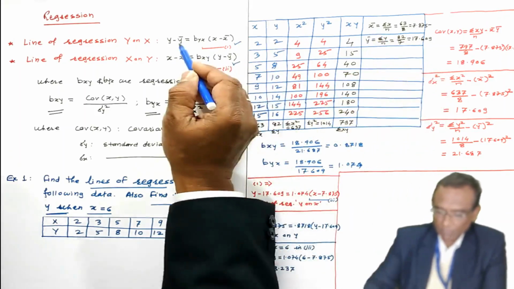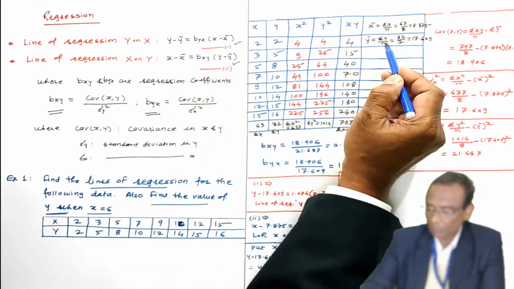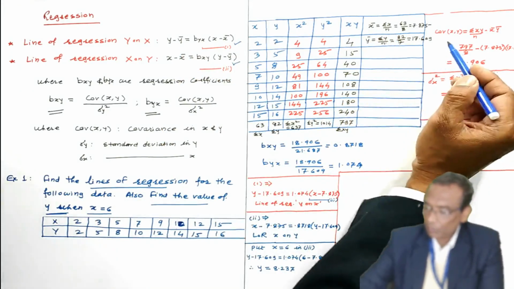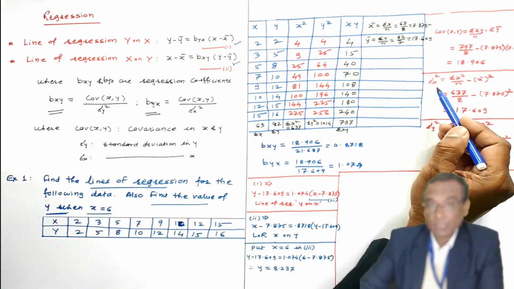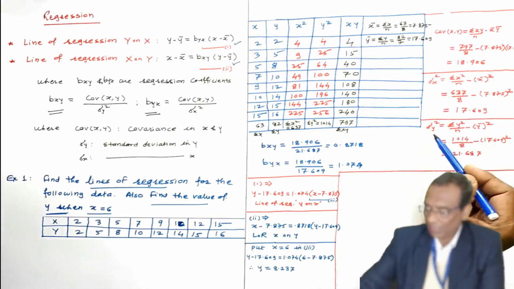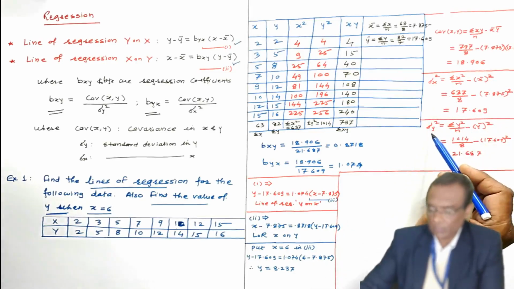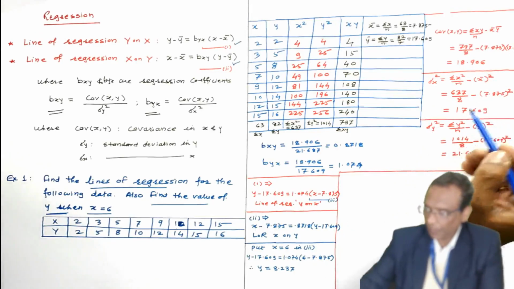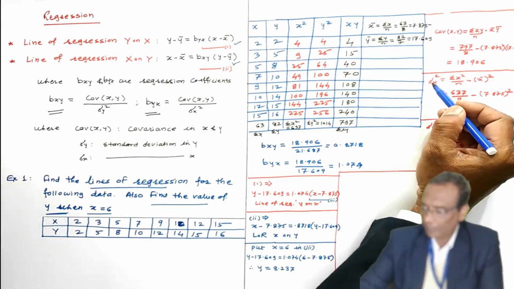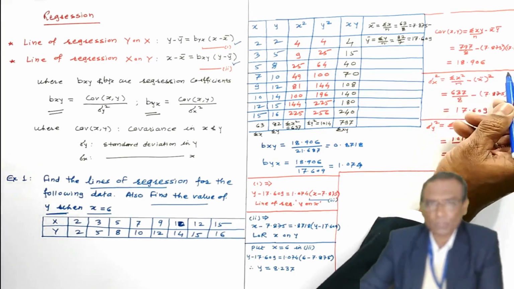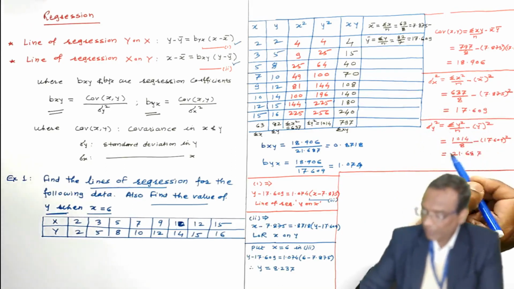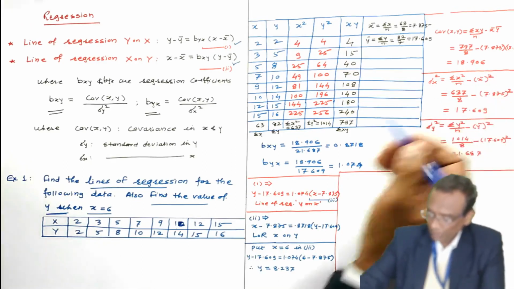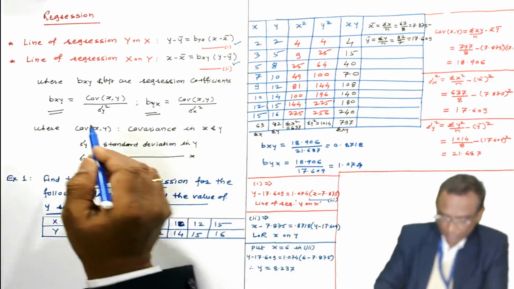X bar, y bar, mean values are required, that we found. Here covariance I have calculated separately. Standard deviation square I have calculated. Sigma x is the standard deviation in x. Its square I have calculated. Or if you want to find sigma x only, take the square root of the right hand side. Then the standard deviation in y we have calculated, putting values in this formula.